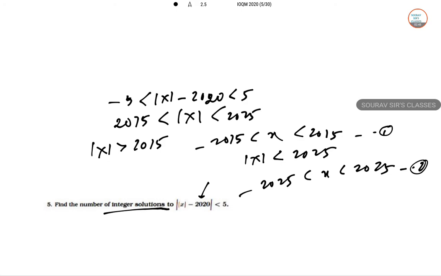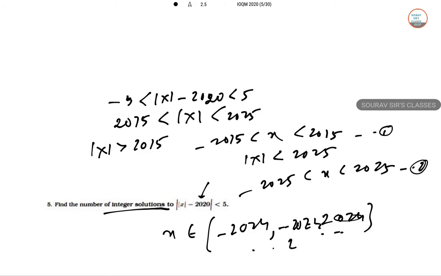So from 1 and 2 we can get the common zone: x starts from 2024, going down, from plus 2024, minus 2024, 2023. So this will go till 2015 and 2016. Okay, so the number of integer solutions is, from this to this, 18 solutions.